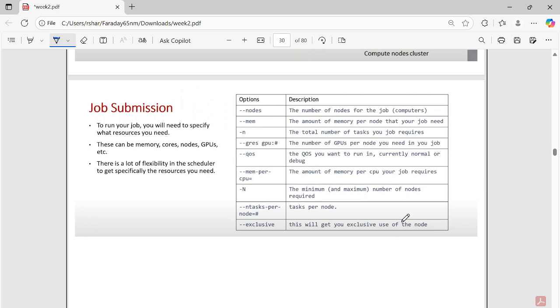We can also define other parameters, like the number of tasks that we need per node, and we can share those resources with some other user also. These are the different things that we can provide when submitting a job.